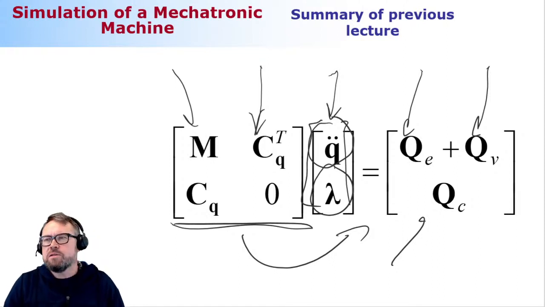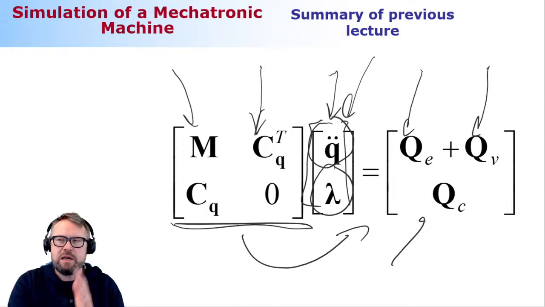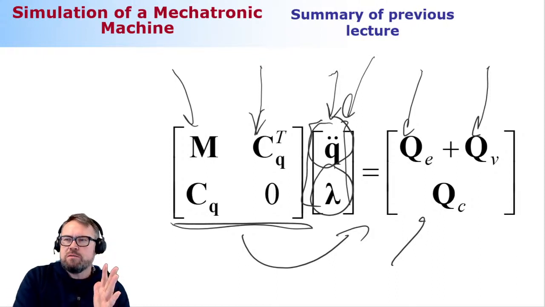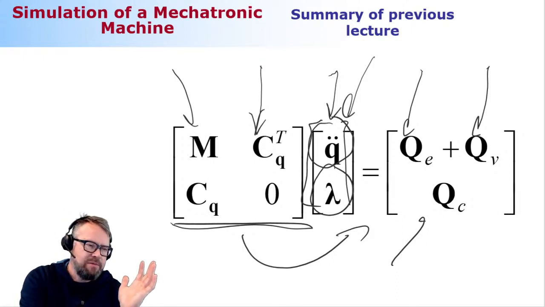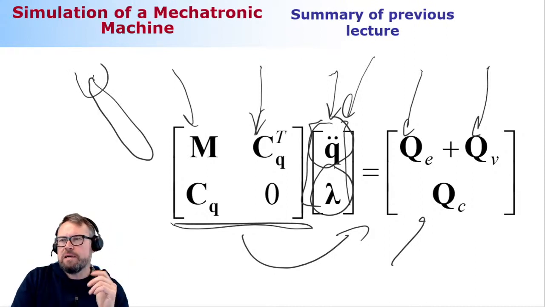So the unknowns are this vector here, which is the acceleration of generalized coordinates and Lagrange multipliers. What that means is, if you have a pendulum here, how many unknowns do you have in that case?